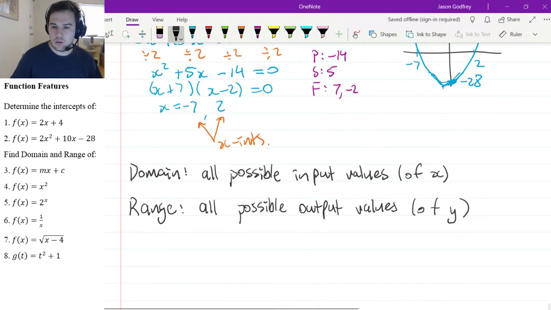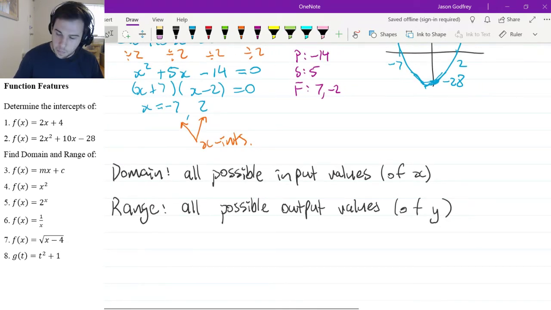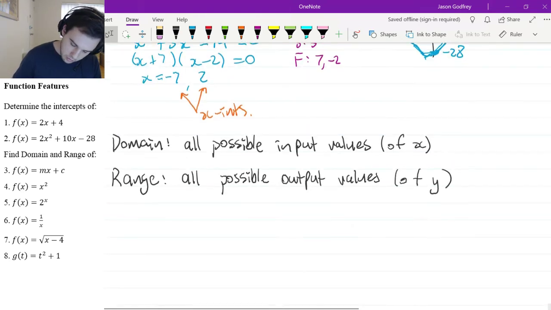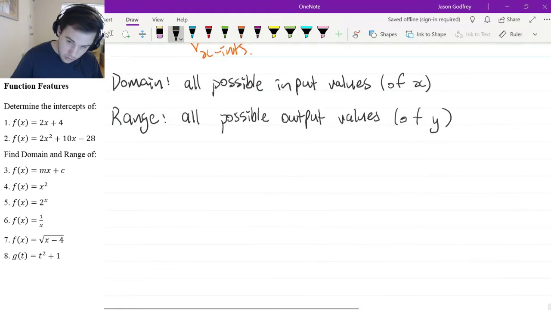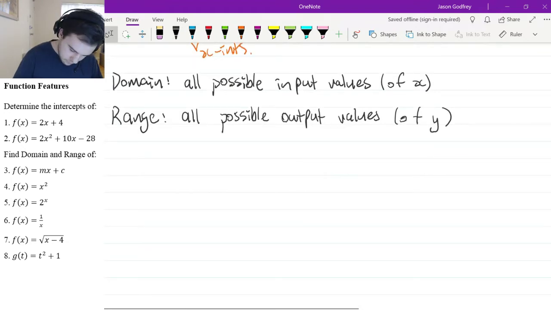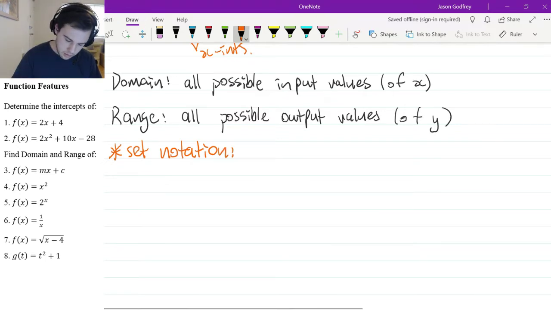Okay. So to be able to describe these, we're going to introduce something called set notation. So I think this will be easiest if I draw up a picture. And set notation we'll use for functions, and we'll use it later in a probability topic as well.